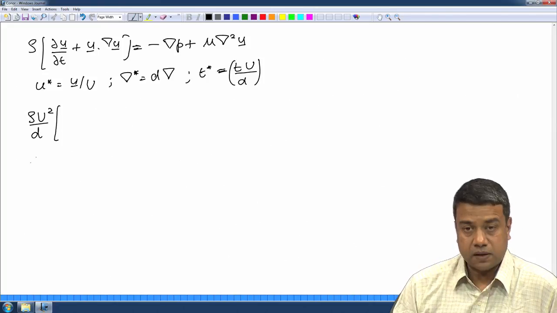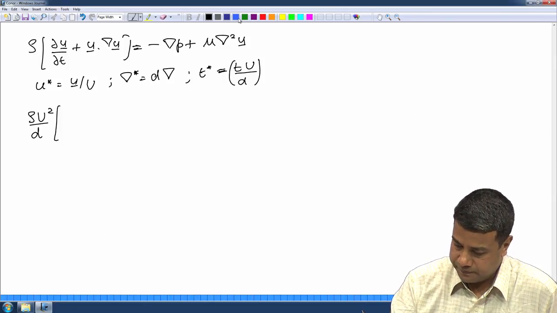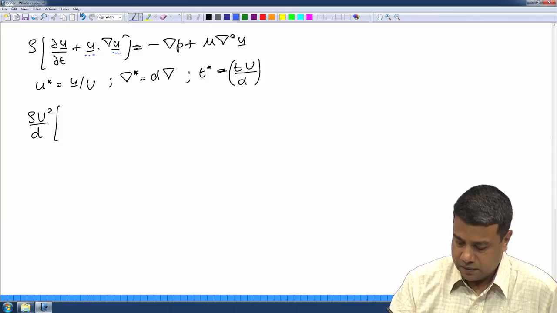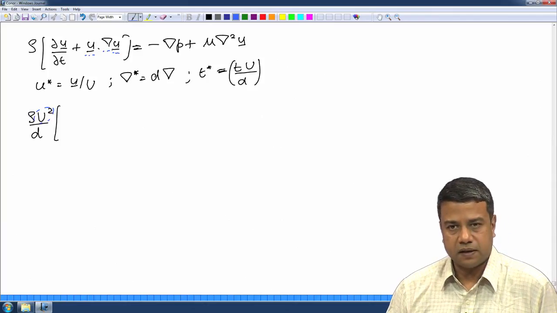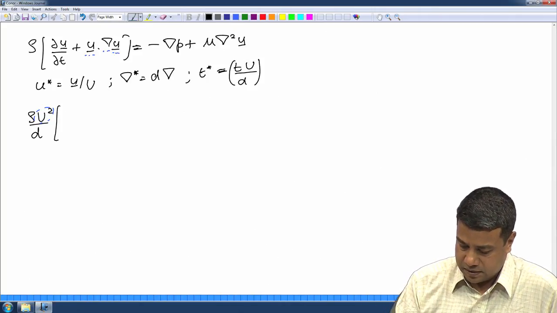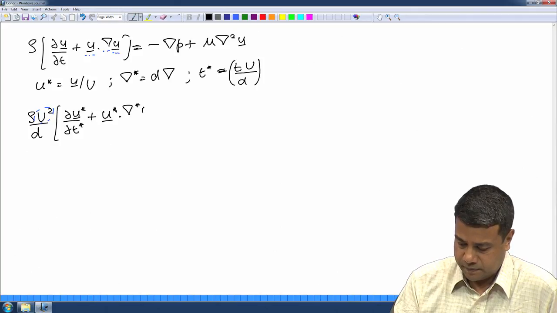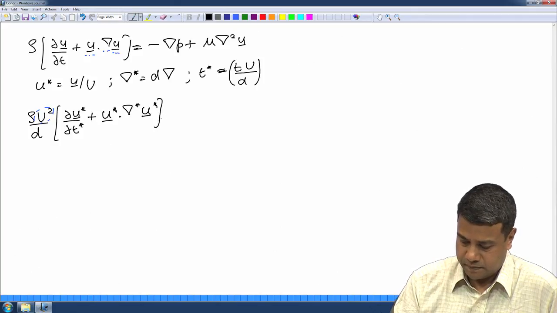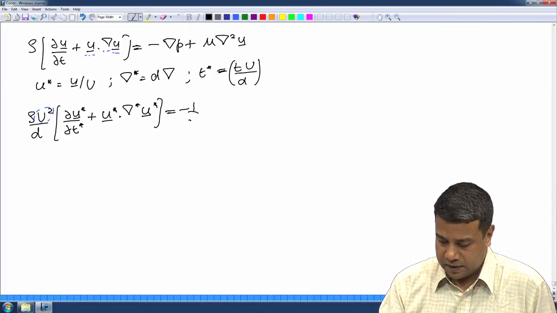You can work it out. There are two factors of u here, which gives you a factor of u square, and there is one gradient which gives you 1 over d. So, this is partial u star by partial t star minus 1 over d.